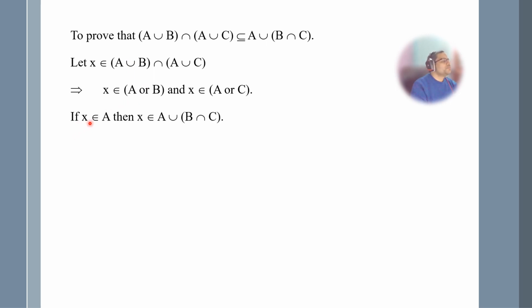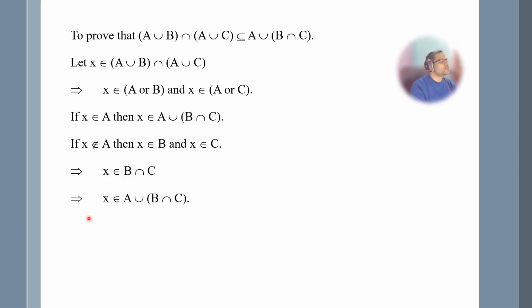Look here, and then we know that if x belongs to A, then x belongs to A union (B intersection C). And if x does not belong to A, then x belongs to B and x belongs to C. And this implies that x belongs to B intersection C, and this implies that x belongs to A union (B intersection C).